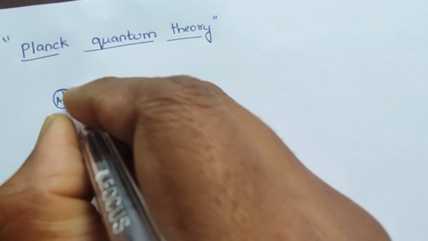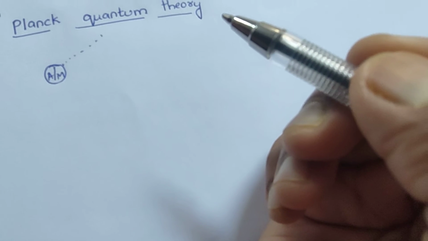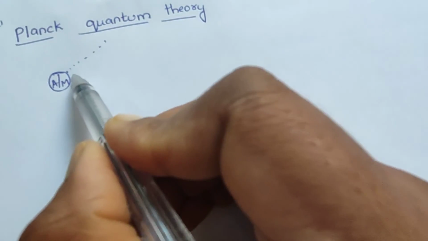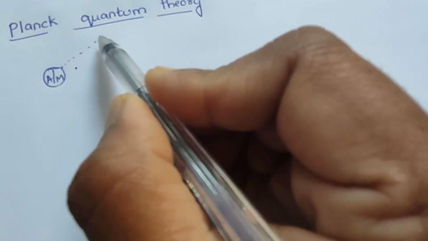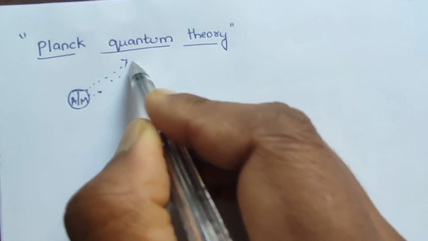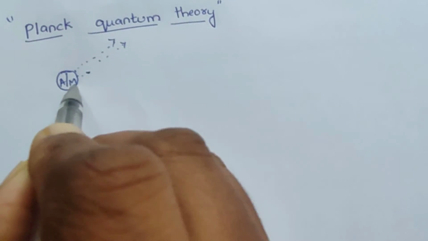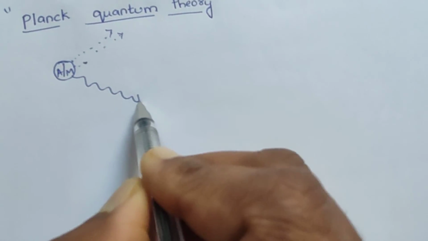If an atom emits electromagnetic radiation, it will be in small packets of energy, which are separate discrete quantities, but not in a continuous manner.